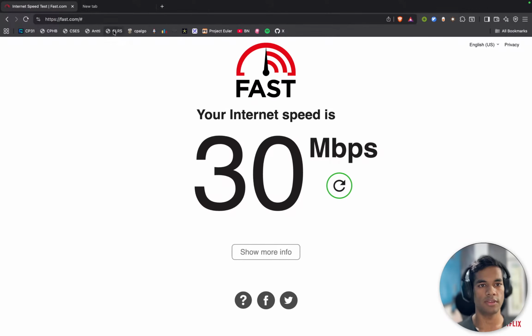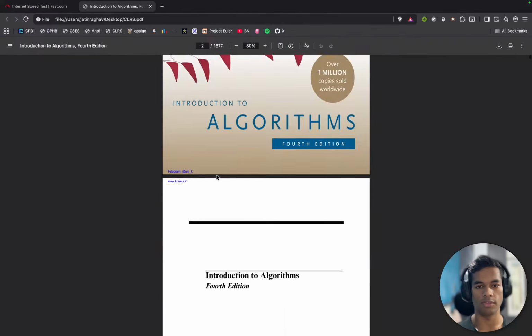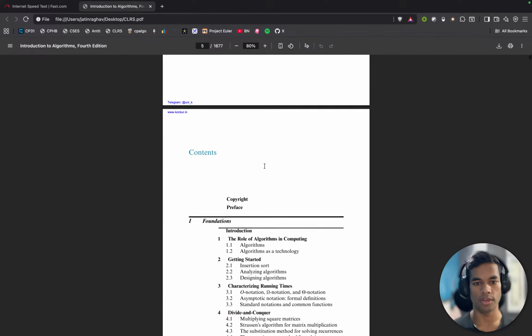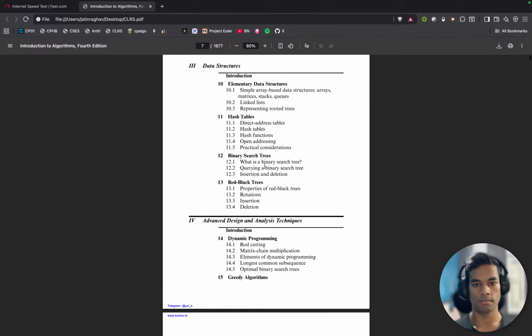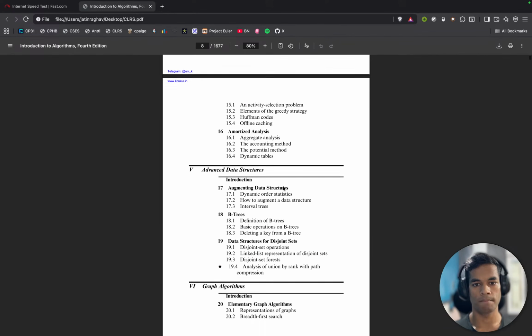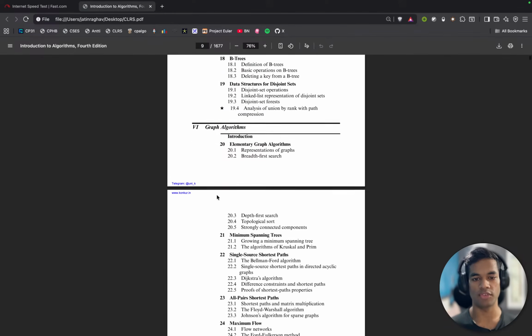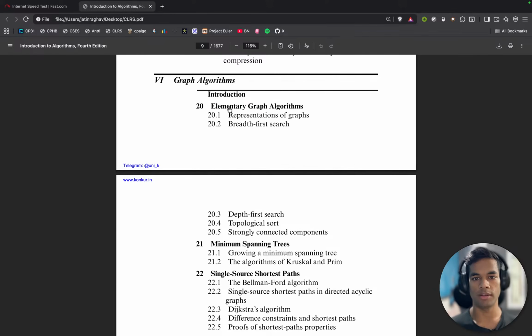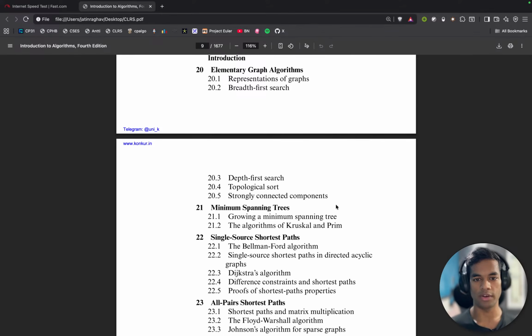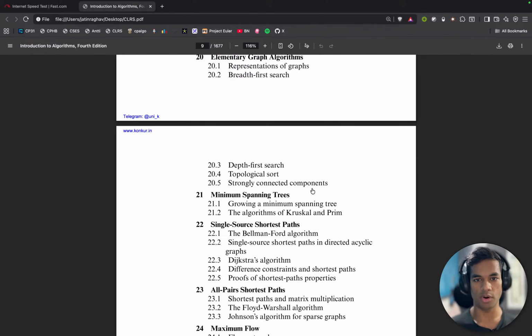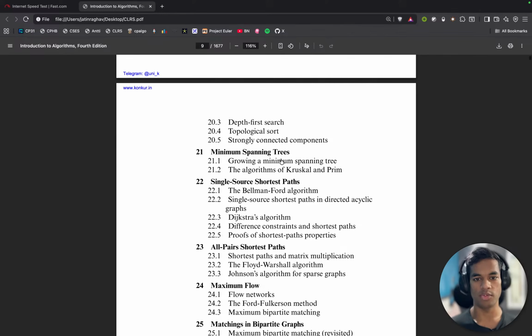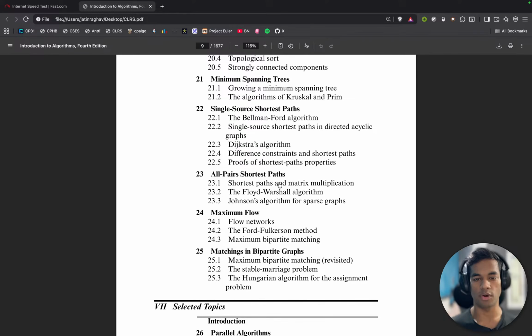Let me actually see advanced graph things and normal graph things. Yep, graph algorithms. There is a whole section about graph algorithms. Elementary graph algorithms: BFS, DFS, topological sort, strongly connected components, minimum spanning trees, single source shortest path, all pairs shortest path.